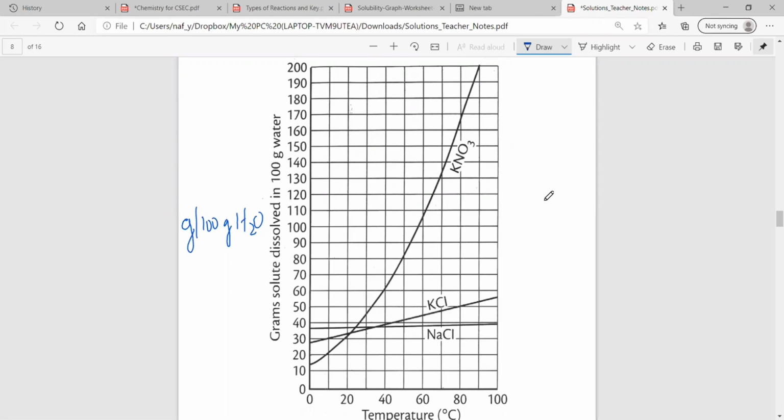Now, there are a number of things we can do with these graphs. One, we can just simply find the solubility of a substance at a given temperature. So a question could be, what is the solubility of potassium chloride at 20 degrees Celsius?